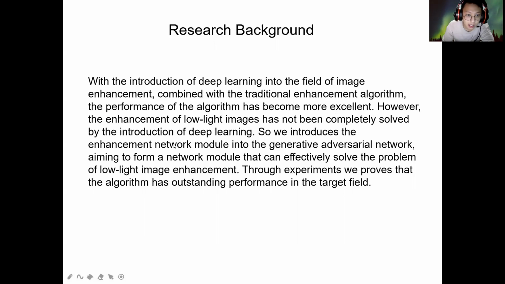So we introduced the enhancement network module into the generative adversarial network, aiming to form a network module that can effectively solve the problem of low light image enhancement. Through the experiments, we prove that the algorithm has outstanding performance in this field. That's the background, that's why we chose the low light enhancement problem as our target, and it's an overall view of how we solve this problem.